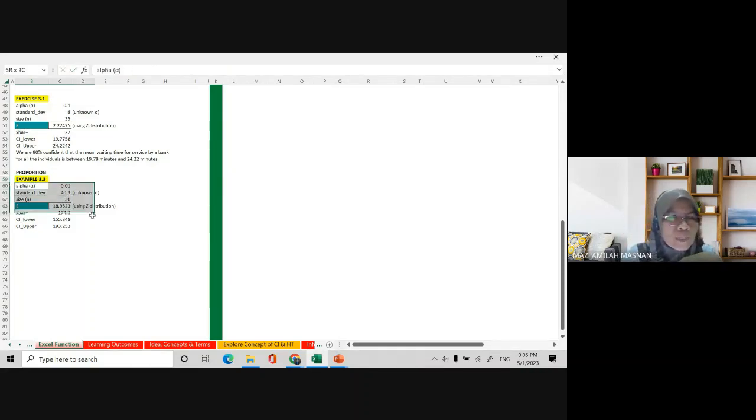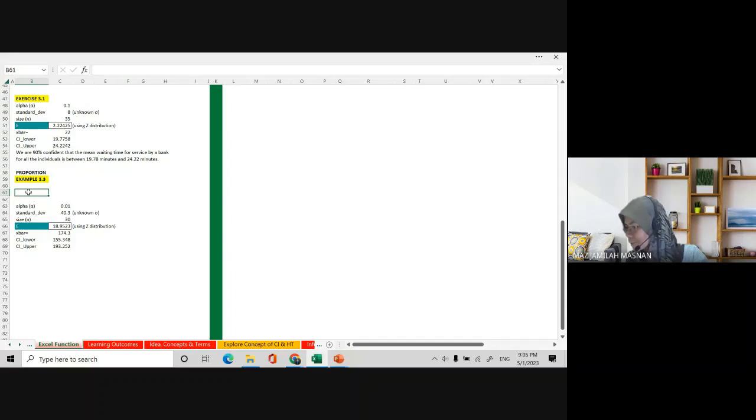Now, for the proportion, we have to identify what will be our p hat and everything. So we have to identify the sample size and the x. For example 3.3, you have a sample of 1,500. N is 1,500. And your x, not x bar, x is equal to 600 of the students agreed.